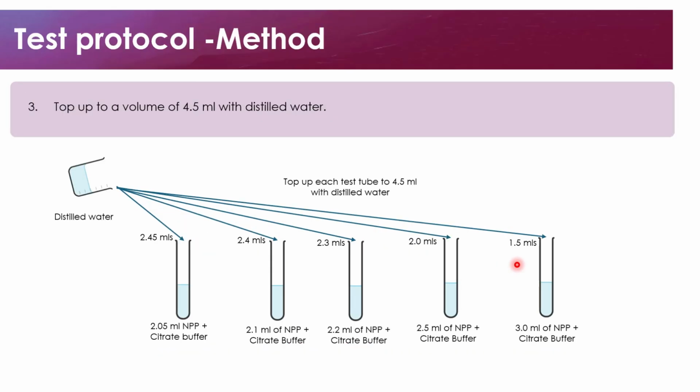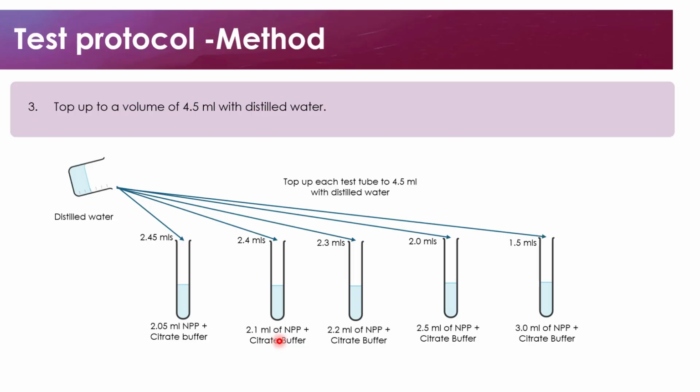So once we are done with that, we top up to a volume of 4.5 mL with distilled water. So as you can see, this is the first test tube. We add 2.45 mL of distilled water to it to get a final volume of 4.5 mL. For the second test tube, we add 2.4 mL of distilled water to get a final volume of 4.5 mL.